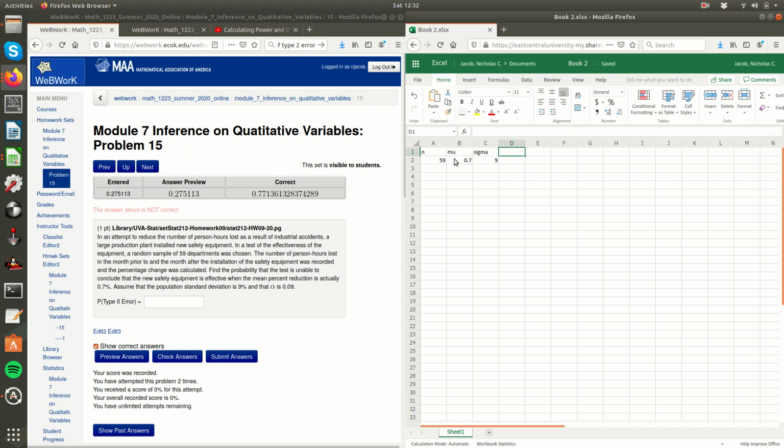So what happens here is there's really two mu's floating around. There's another mu that is 0, that there was no improvement, but that's going to be the null hypothesis. And what's actually happening when we try to compute the type 2 error is that there was actually a 0.7% reduction, although we thought that there was nothing.